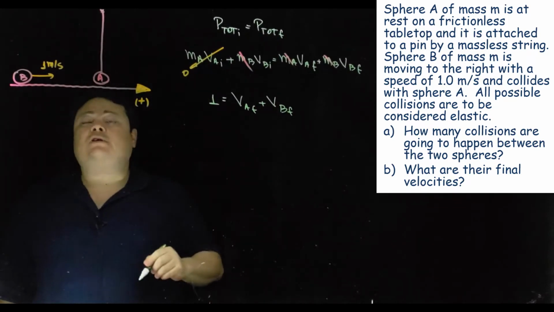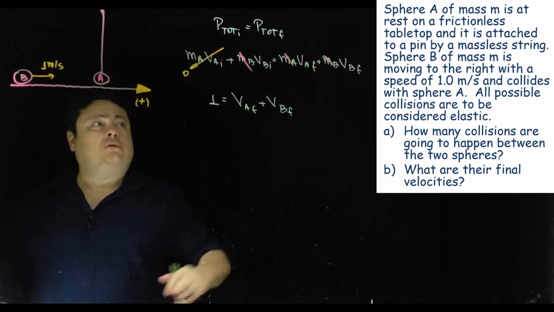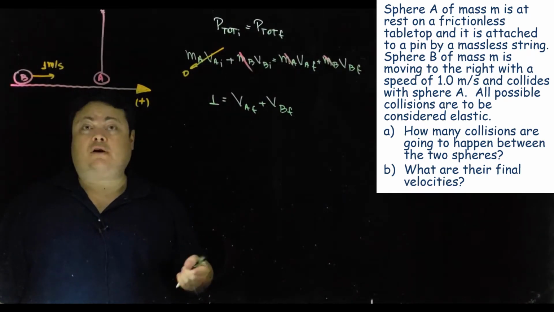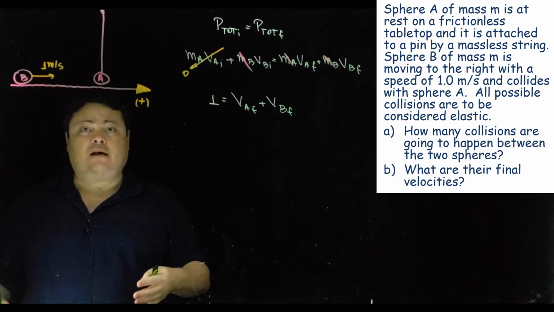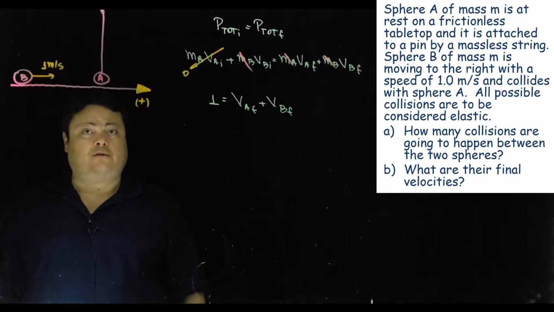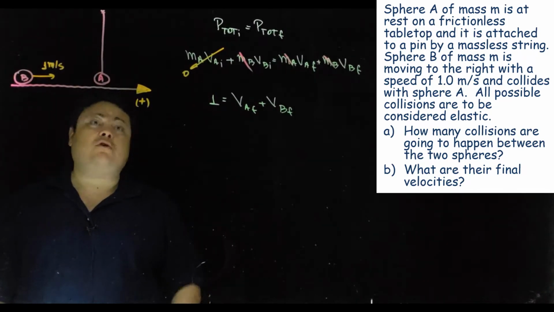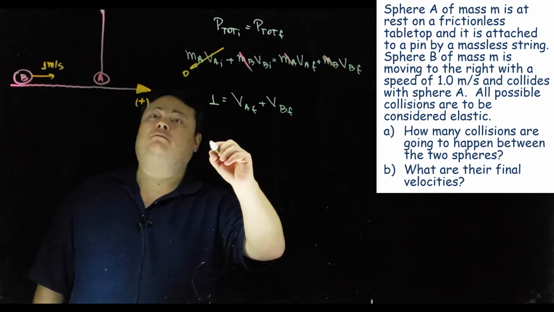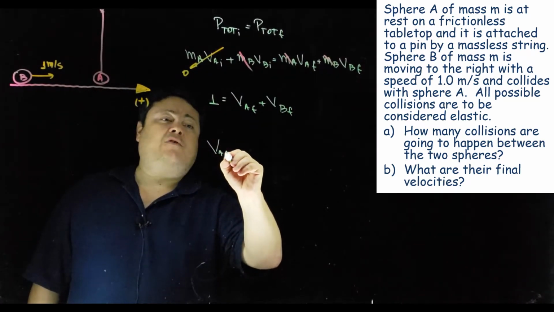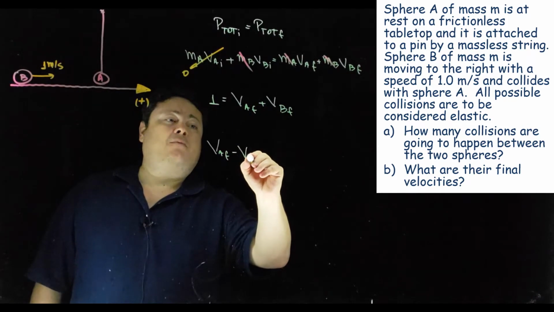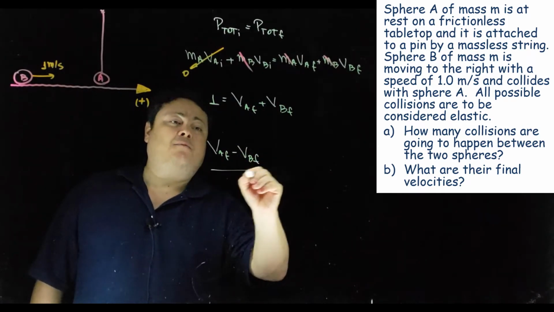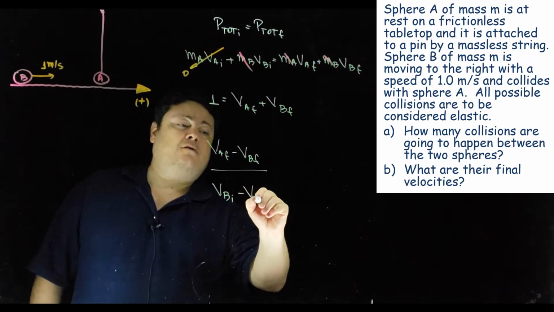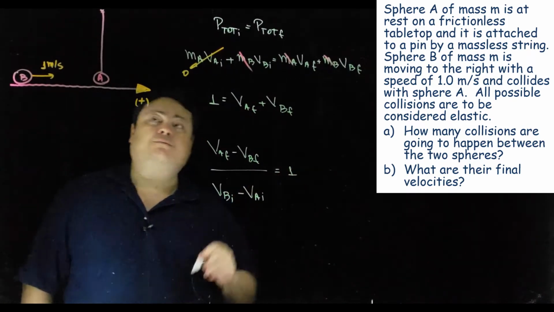Now, this is the typical scenario I mentioned earlier. I have one equation and two unknowns. I could use a second equation from kinetic energies, but that equation is going to be quite complex for us to handle. Or I can use the coefficient of restitution, which will tell me that VA final minus VB final divided by VB initial minus VA initial equals 1.